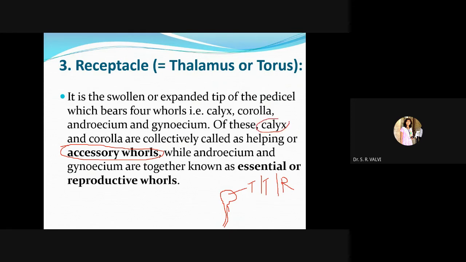These are calyx and corolla. These are the non-essential whorls, whereas the essentials are androecium and gynoecium. These two are essential whorls because they are taking part in reproduction. Hence androecium and gynoecium are called essential whorls.